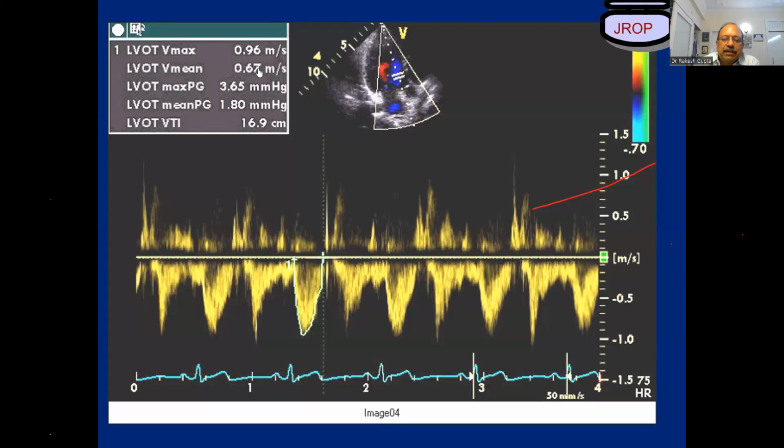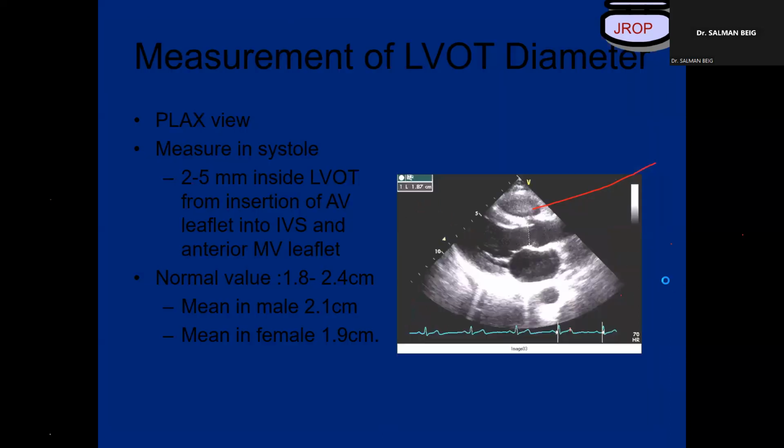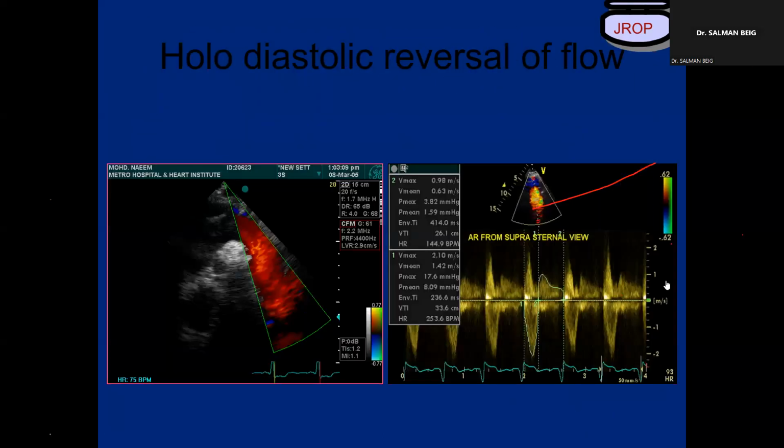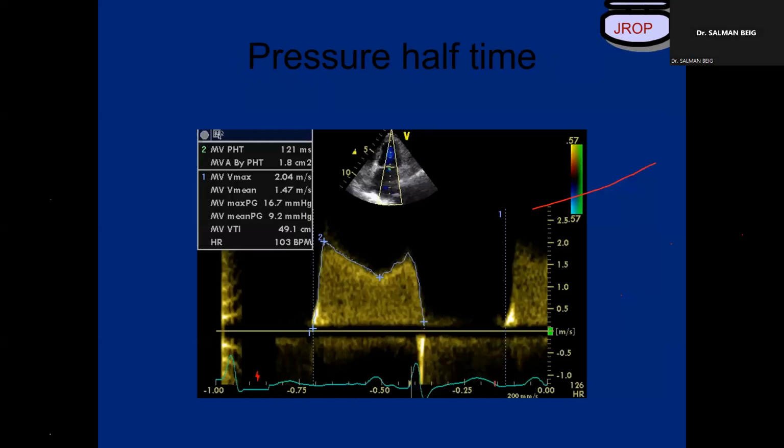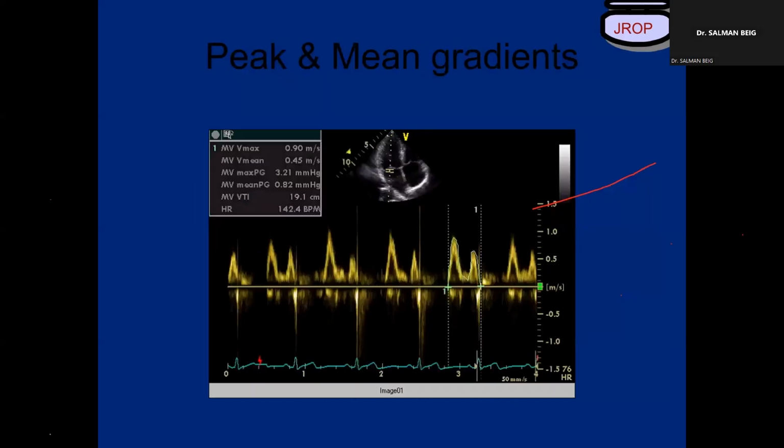Dr. Salman Beg. Hello, sir. Go ahead, Salman. So you said that EPSS indicates the LV dilatation. Does it have any say on EF also, or is it just the dilatation? Obviously, whenever the LV will dilate, it is bound to affect the ejection fraction, but not always. Like in mitral regurgitation, LV will dilate.